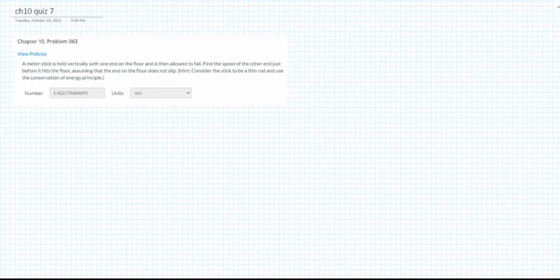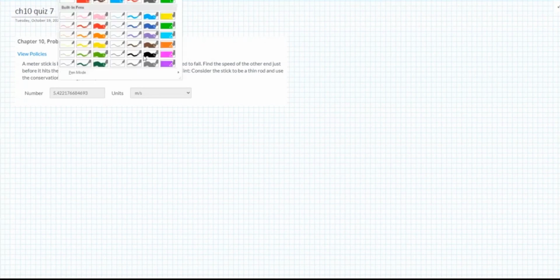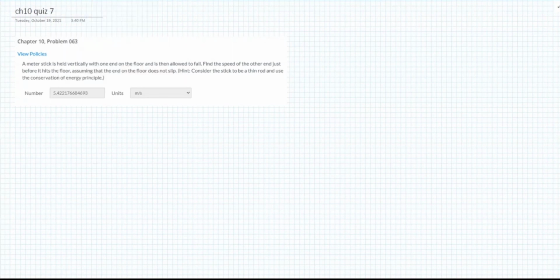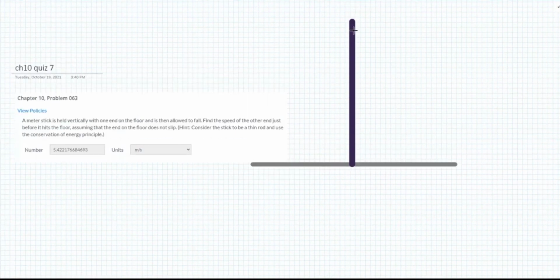Okay. So here's the floor. Here's my meter stick.